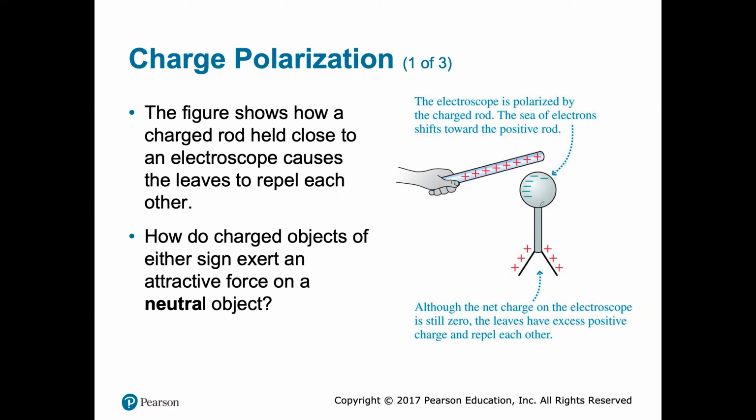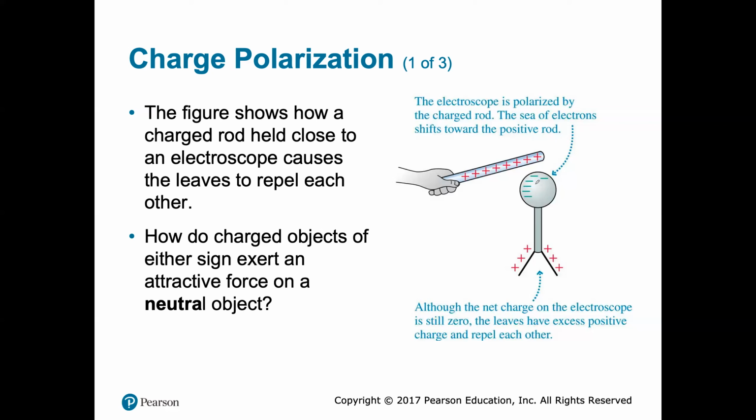This electroscope has a bead on the top and two leaves on the bottom, and they are connected by a conductor rod. So what happens if you put a charged rod, no matter whether positive or negative, close to the bead or head of the electroscope?